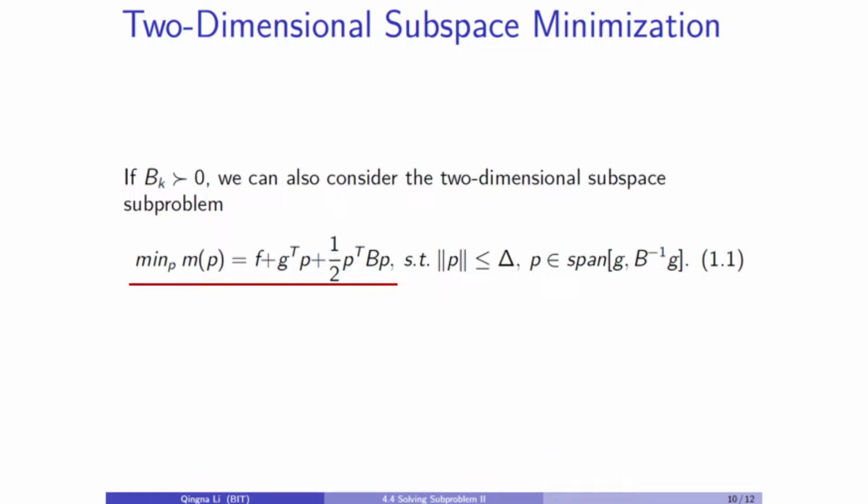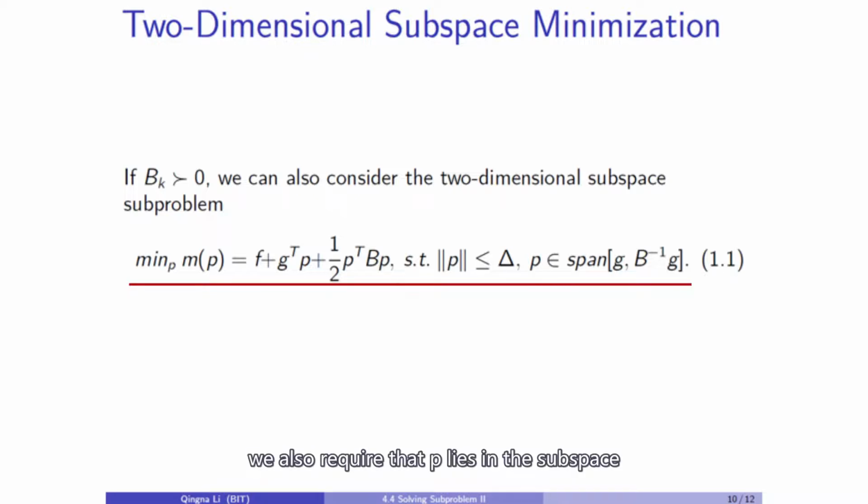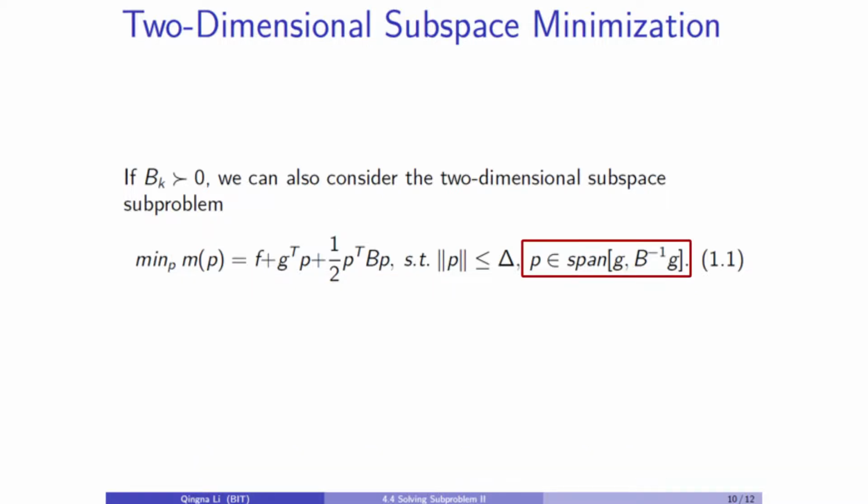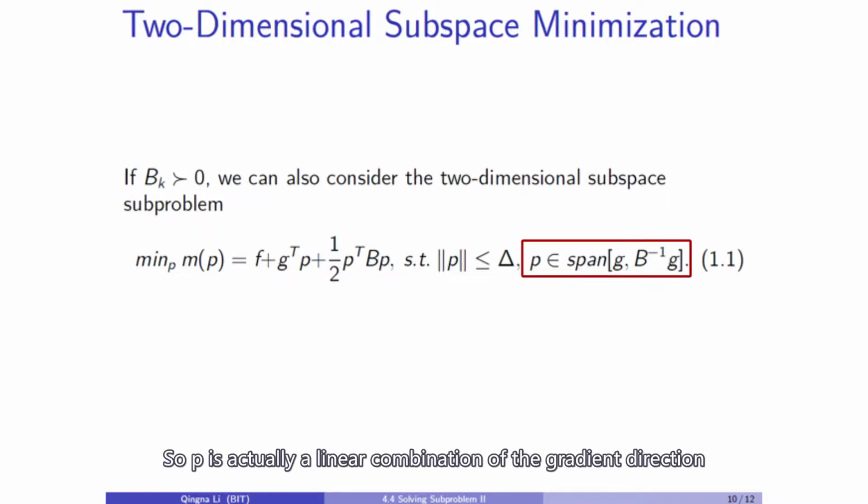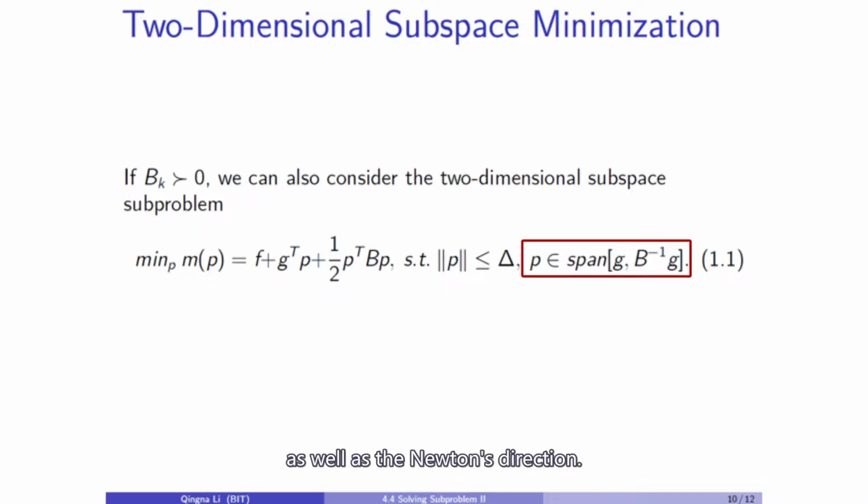Besides the trust region constraint, we also require that P lies in the subspace spanned by the gradient G as well as the Newton step minus B inverse G. So the two-dimensional subspace case comes from here. P is a linear combination of the gradient direction as well as the Newton direction.